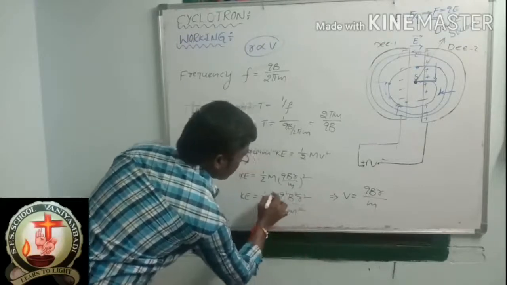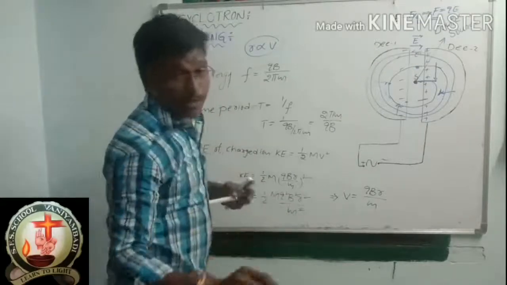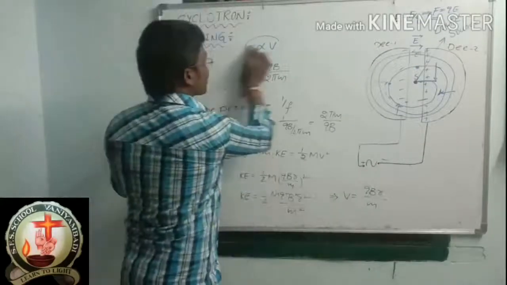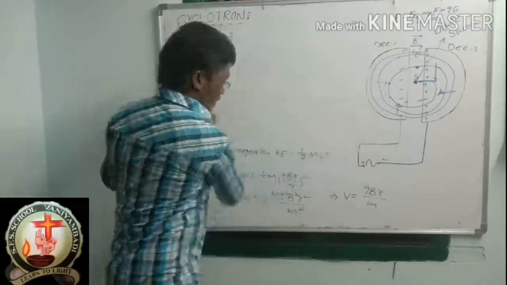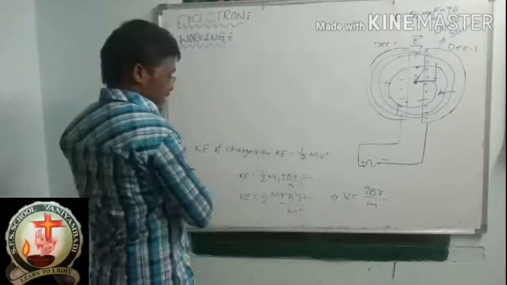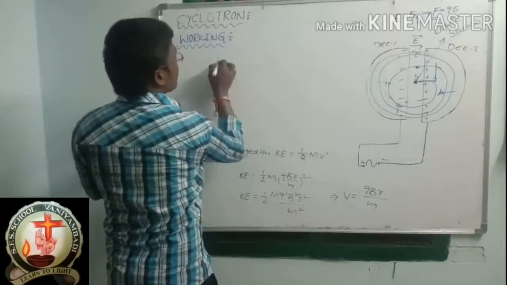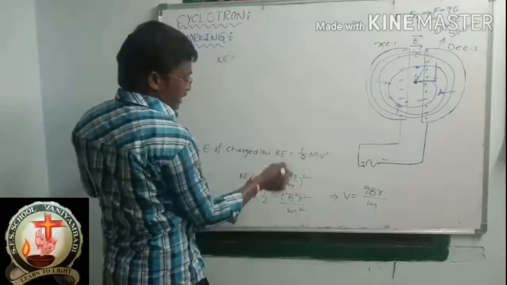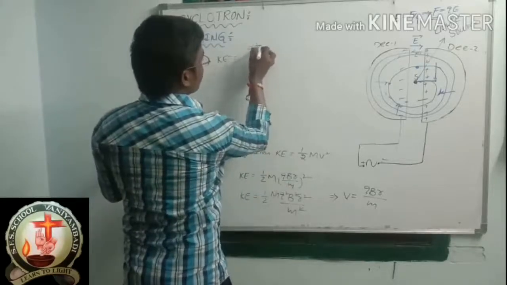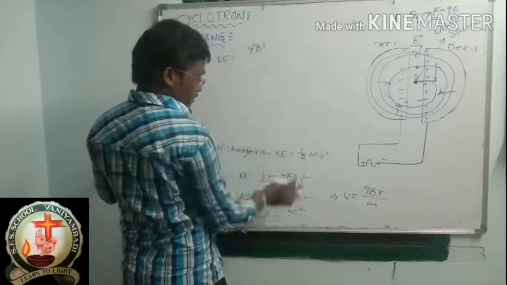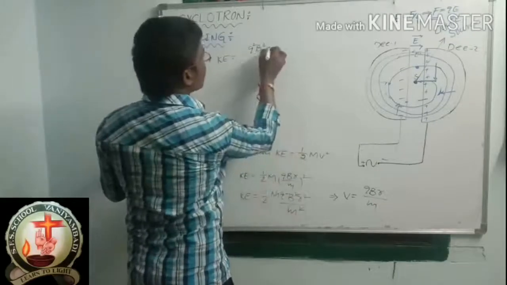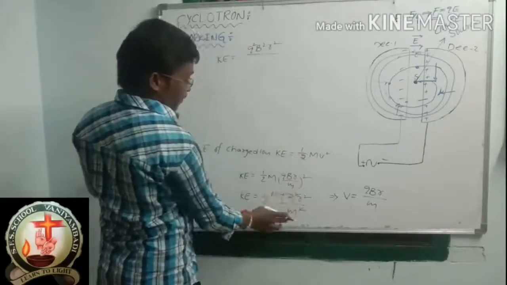So here m square and m cancel. Then what is the remaining expression? Please write it here. Kinetic energy KE is equal to q square B square r square by 2m.